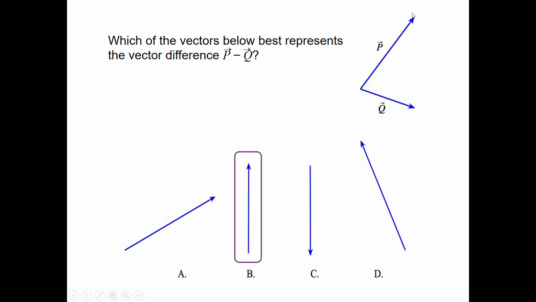The only question is, should it go this way or this way? And the idea is you always look at the one that appears first in the subtraction, and that's where you end your arrowhead right there. So we should start here and end on the first one in the subtraction, the one without the minus sign. So the best answer is B.